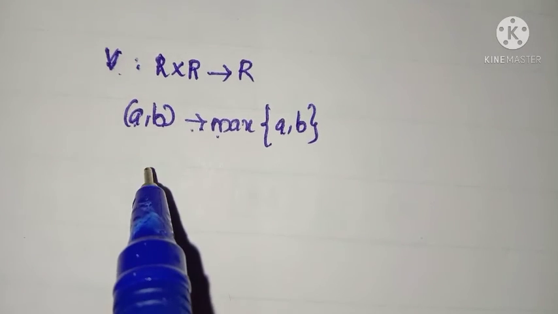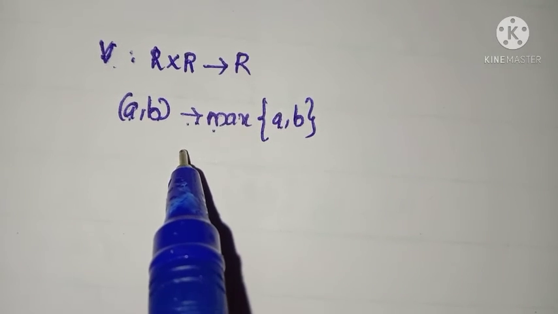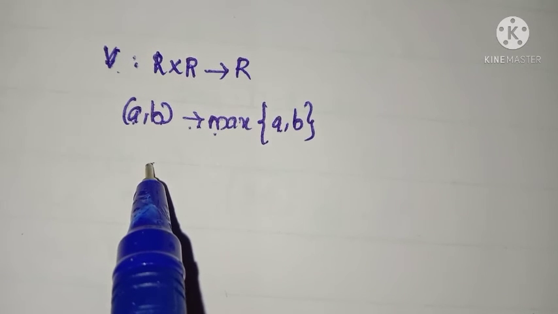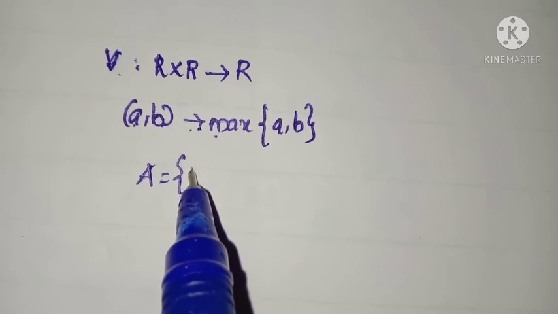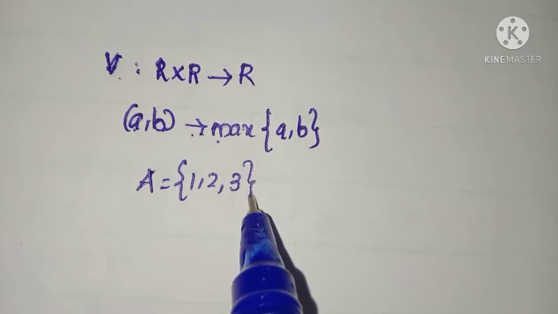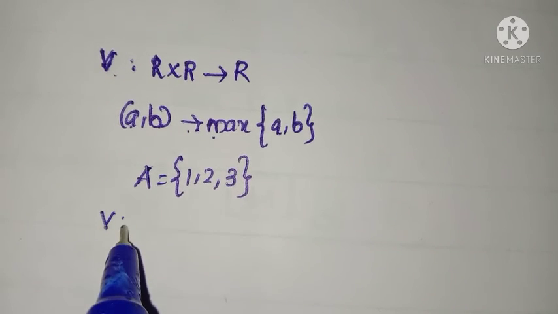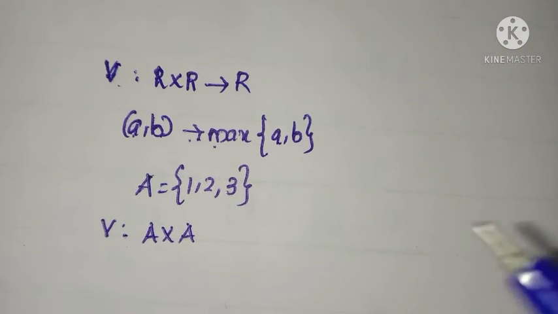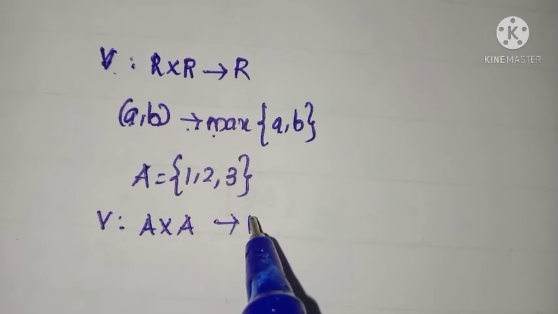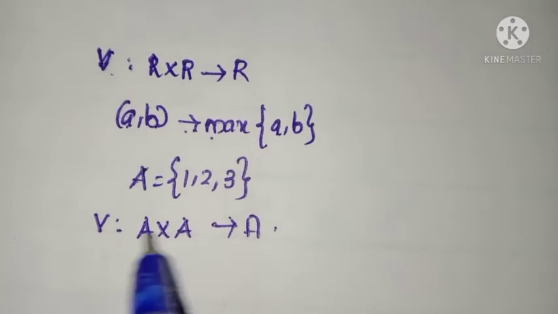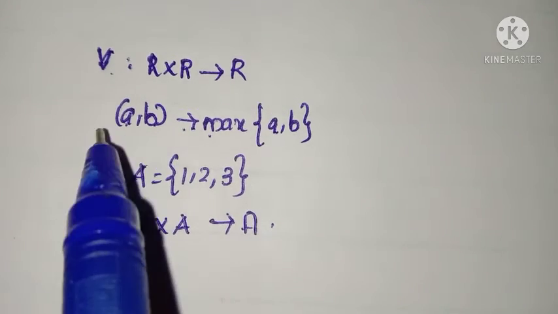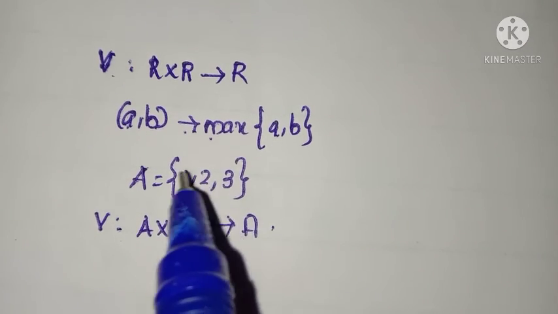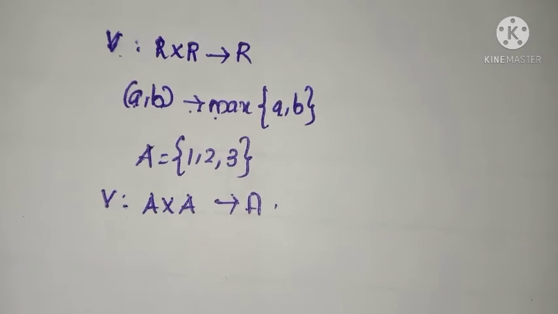Okay, and let us take a set A equal to {1, 2, 3}, and we define the same operation on this set, that is join from A cross A to A. And we want to construct an operation table or binary operation table for the operation join.